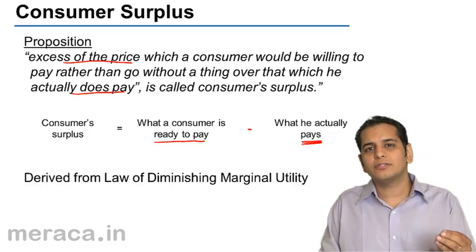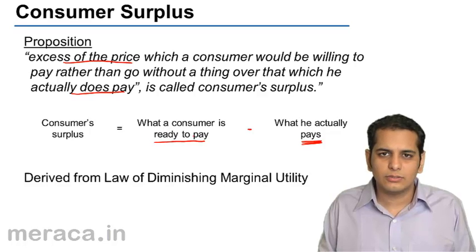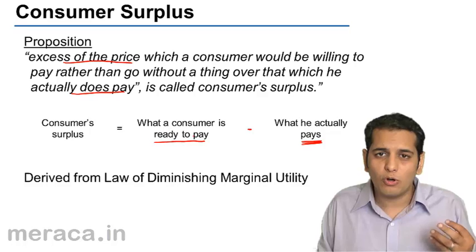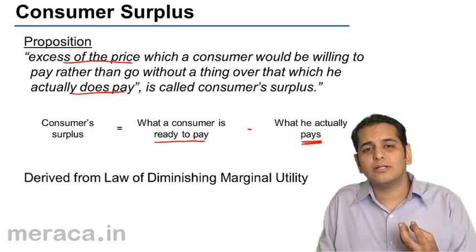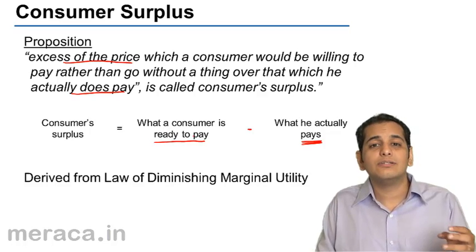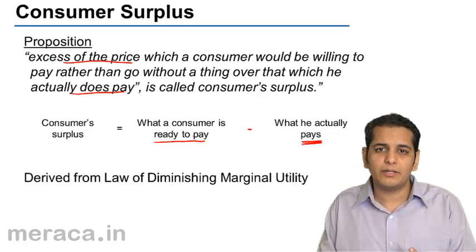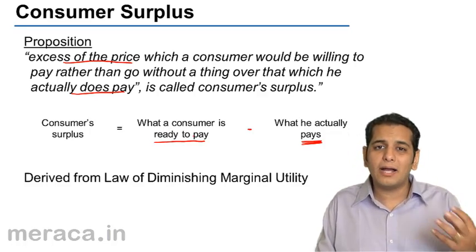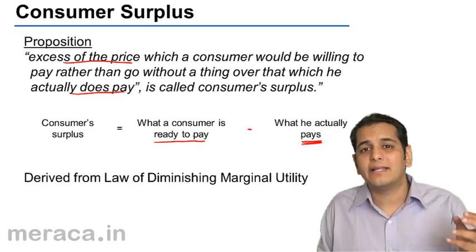Now, the important thing here to note is what a consumer generally wants or has a craving for, what he desperately wants. The consumer generally is ready to pay more than the actual price. A consumer wouldn't mind paying more than what it actually costs.